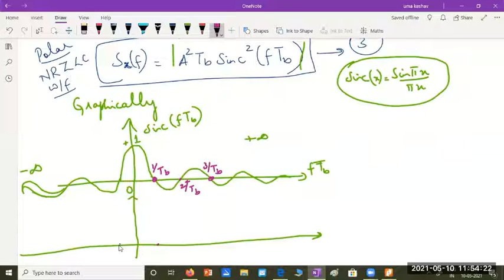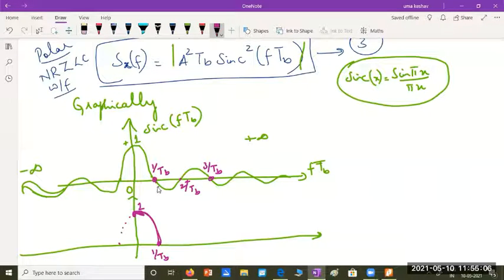Again, if I'm squaring this, I'll get the same thing. I'm writing only the positive side. I'll neglect the negative. 1 square is 1 and this will be the value at 1 by Tb.